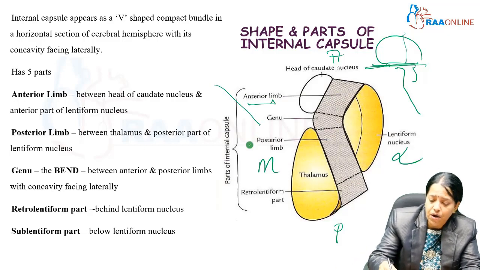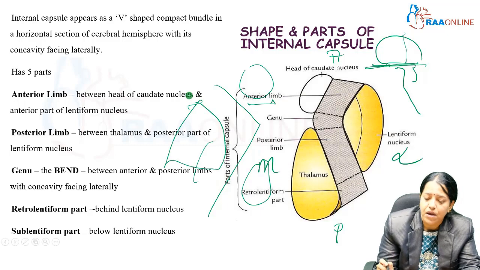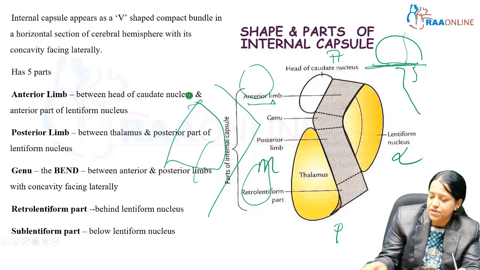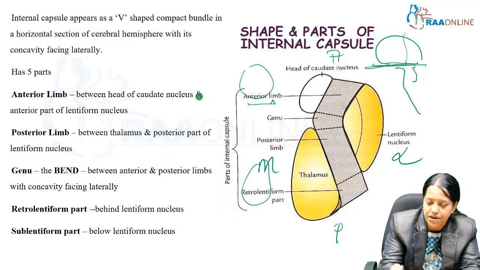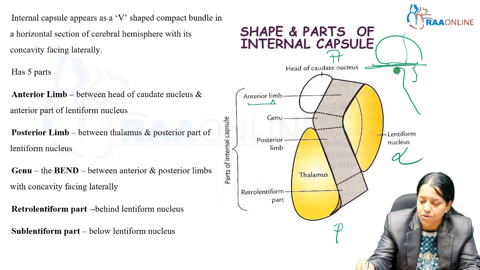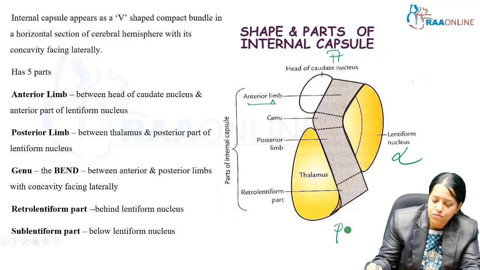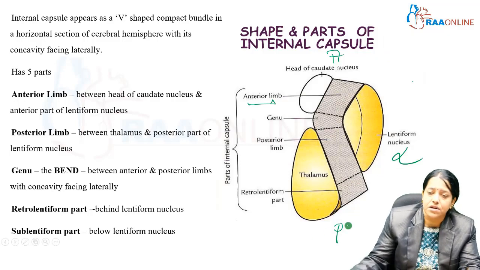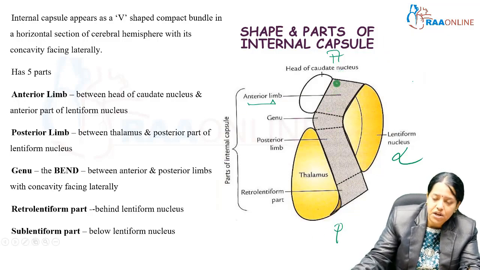Even on this side you have another internal capsule, another caudate nucleus, the thalamus, and the lentiform nucleus. Both sides exist, but we are just showing you one side, and it is the same on the other side also.